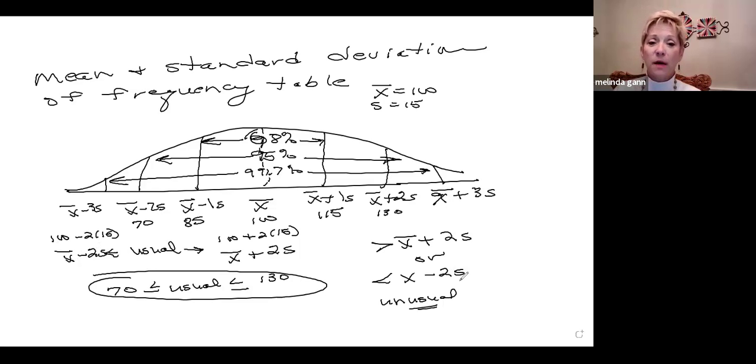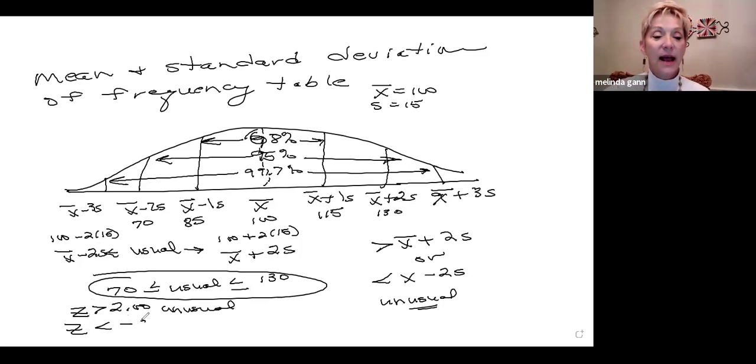And Z-scores, remember, tell you how many standard deviations you are from the mean. So some people would rather think about it like this. All right. If your Z-score then is bigger than 2.00, that's unusual. Or if your Z-score is less than a negative 2.00, that would be unusual.